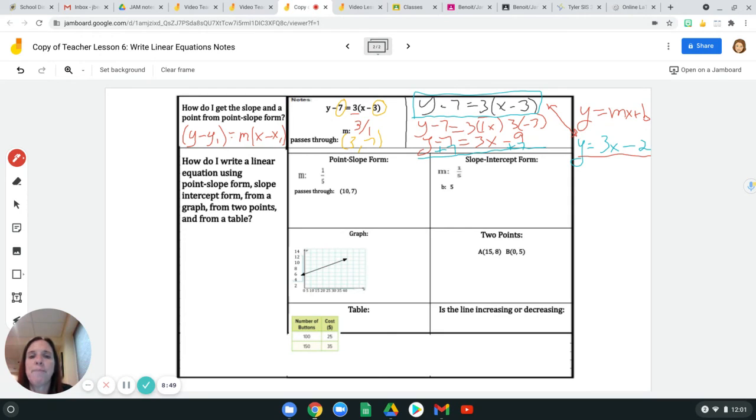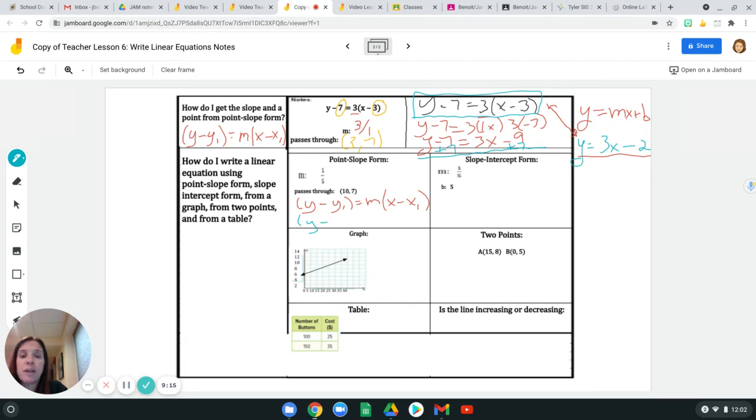Point slope form in this box here. Let's write point slope form. So we're going to do the substituting in. Always start by writing your equations. You can just substitute in below. Okay, so my y stays the same. My y1 is positive 7.